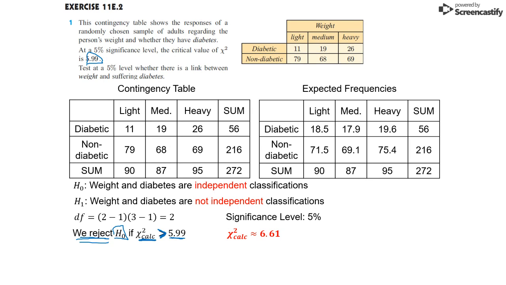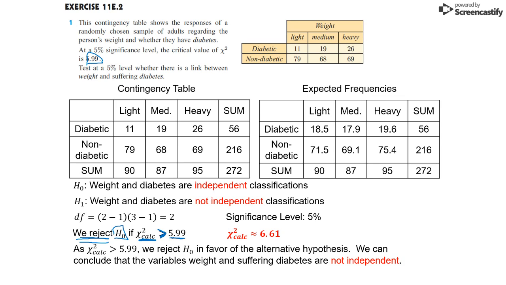So let's stop and think about what that means. 6.61 is greater than my critical value, right? So my calculation, 6.61, is greater than 5.99. That means for this test, we reject the null hypothesis, which means we accept the alternative.